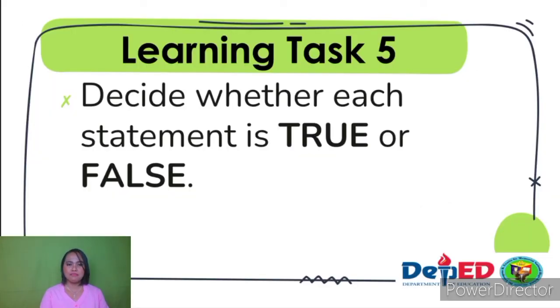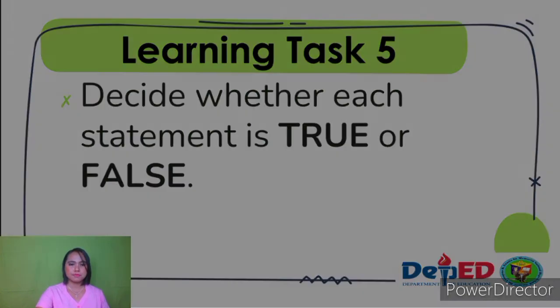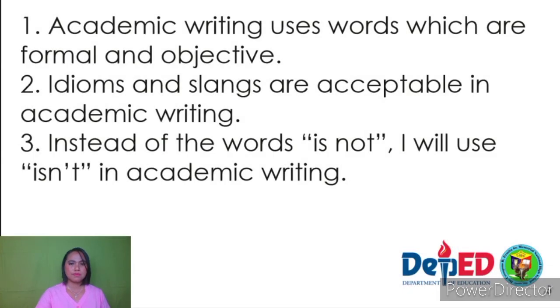Learning Task 5. Decide whether each statement is true or false. Number 1. Academic writing uses words which are formal and objective. 2. Idioms and slang are acceptable in academic writing. 3.